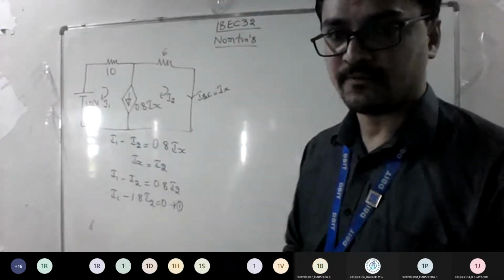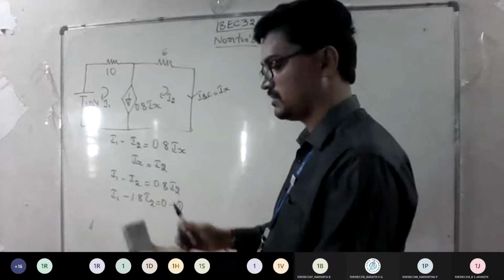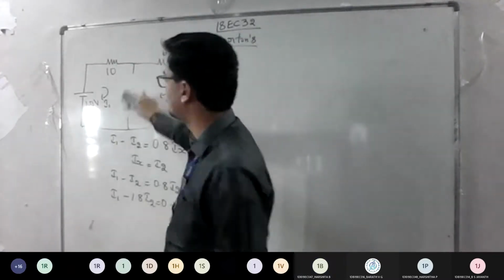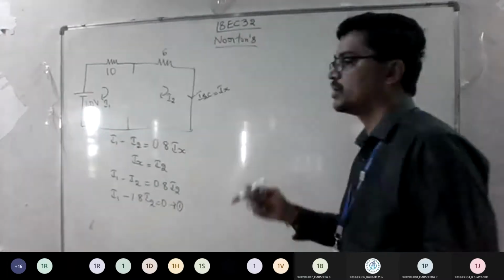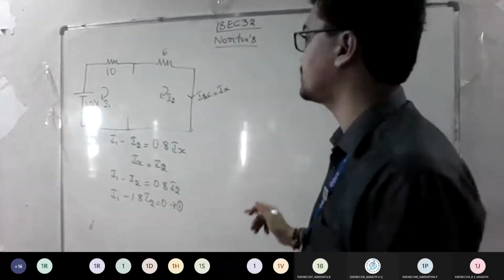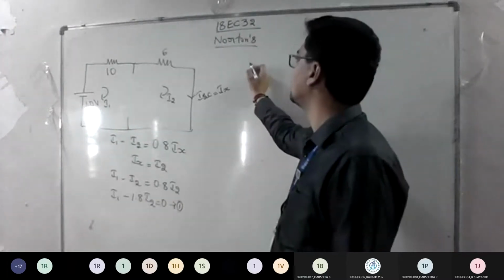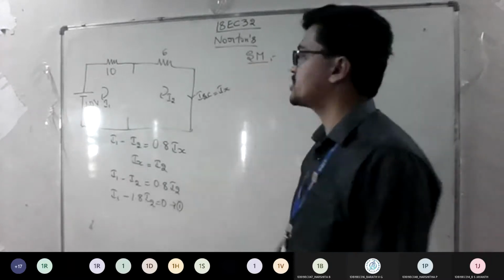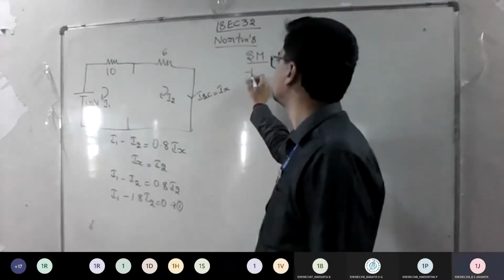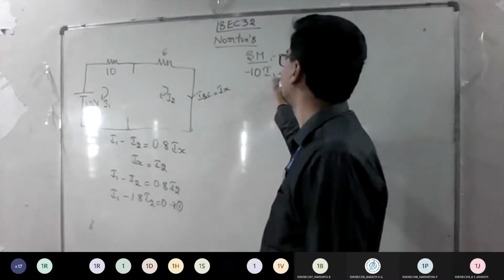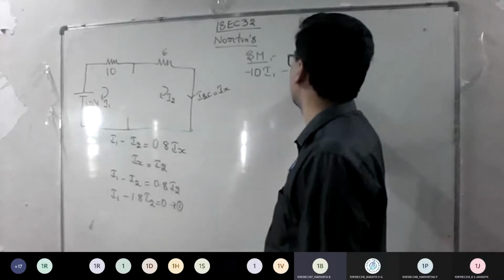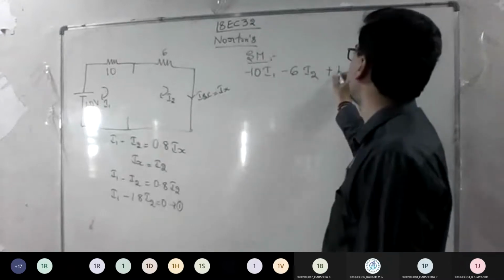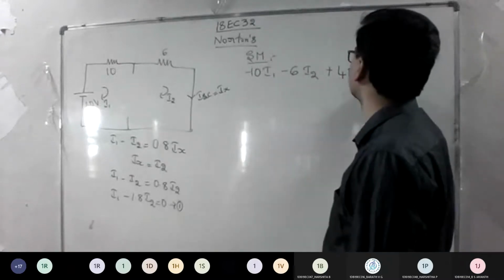Yes, sir. Fine. So once you made the super mesh concept, you can eliminate this. Now stick to the procedure. Apply your super mesh equation and tell me what is the equation. Super mesh: minus 10 I1 minus 6 I2 plus 40 equal to 0.